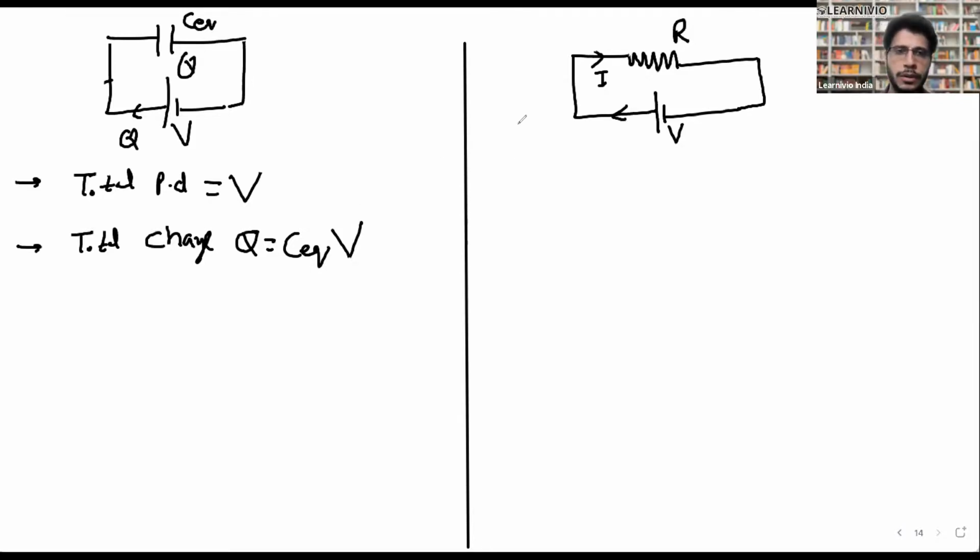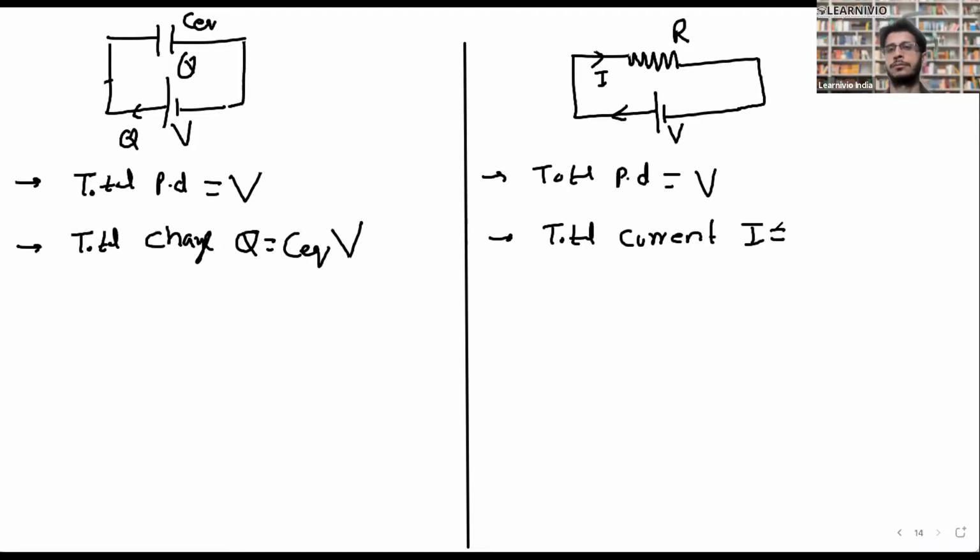Yes. In the same way, what is the total potential difference here? V. What about the total current? What is the total current I? V by R equivalent. It's total voltage by total resistance.